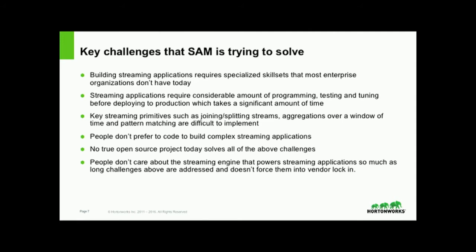Instead, concentrate on your business idea, productionize it, deploy it, and make it work in the production environment. The users don't need to worry about what streaming engine is running underneath it. Instead, concentrate on the business idea that you're working on.